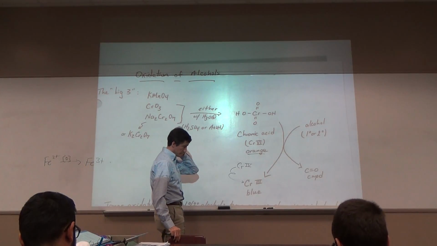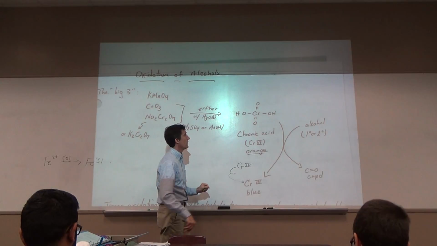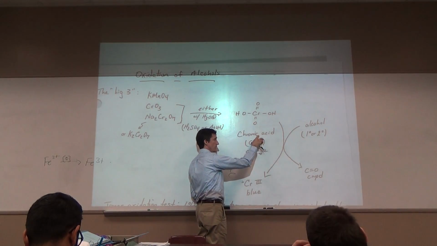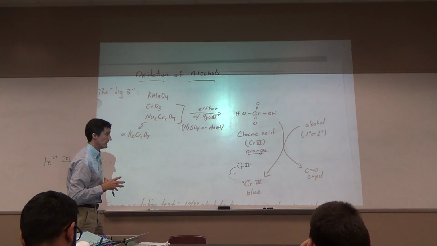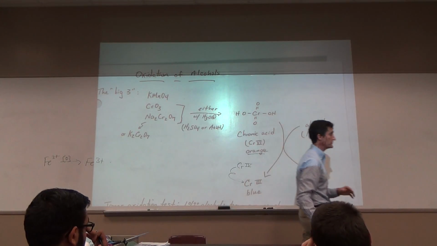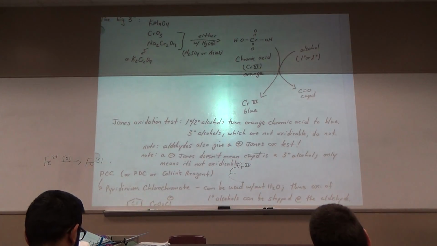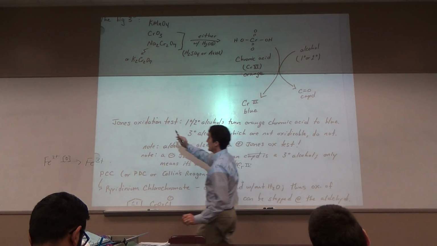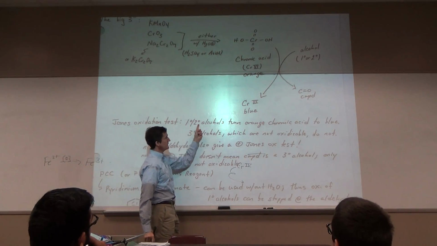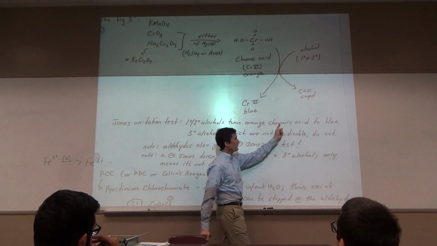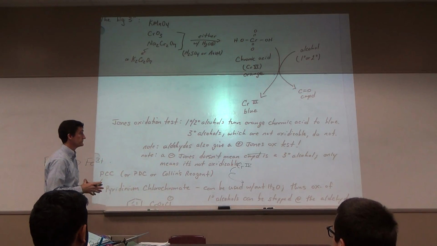That, thus, gives us a visual test that we can use. Whenever you do this reaction, your orange typically becomes blue. Your orange reaction will become blue. And that will tell you that the reaction took place. That's actually the basis of the Jones oxidation test. A primary or secondary alcohol will turn orange chromic acid to blue. You can see that.